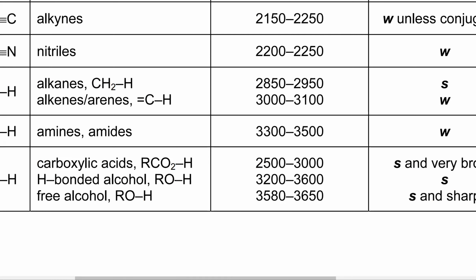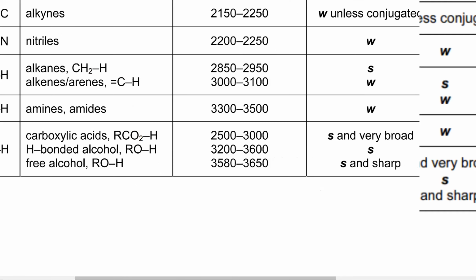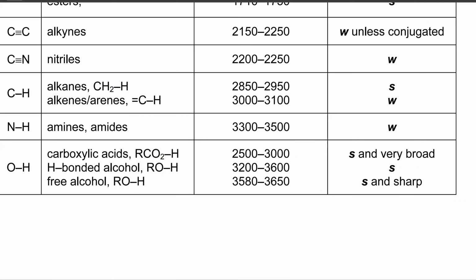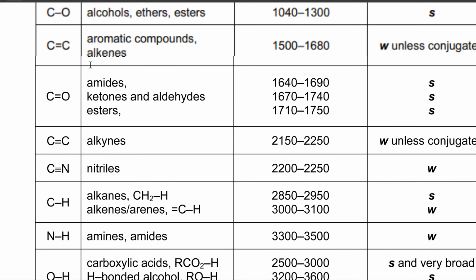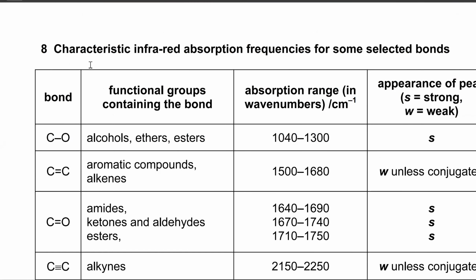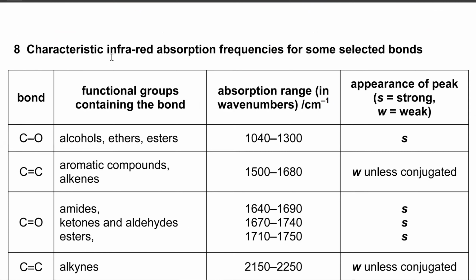So if I open the data booklet, these values would be given in the question. The question would be, different infrared absorption frequencies for some selected bonds are given. This is known as wave number.